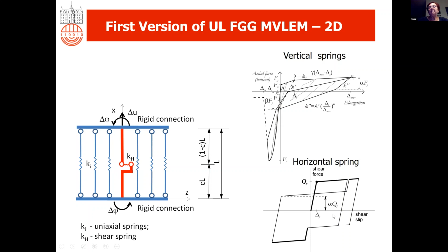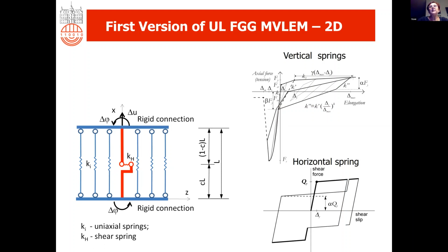But again, the relationship between displacement and the forces should be defined. How was the shape of these hysteretic loops defined? Based on the experiments, based on the observation of results of the experiments.